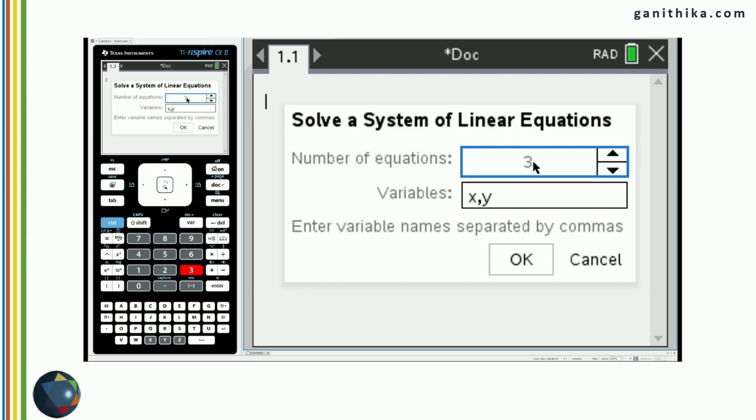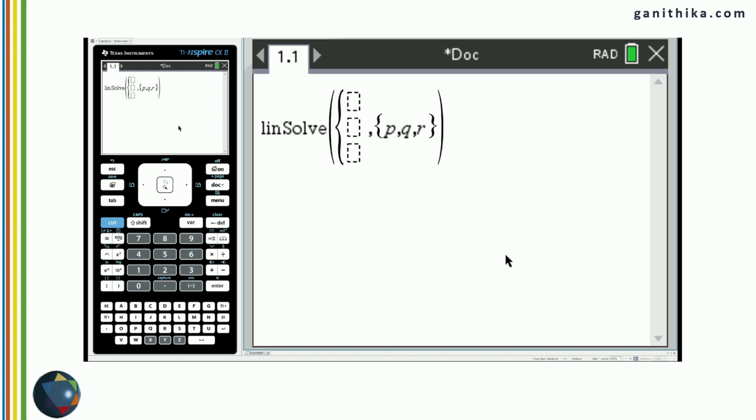You can change it to 3. XYZ will be by default. You can keep it as XYZ or you can change it to PQR as given in the question. It's left to you. It's a choice. You could give it as XYZ but substitute for PQR after that. You'll be having these three boxes. In each of these boxes, you should enter the equations as it is in the equation that you have got number 1, number 2 and number 3.